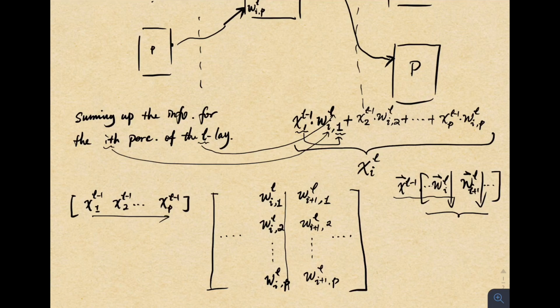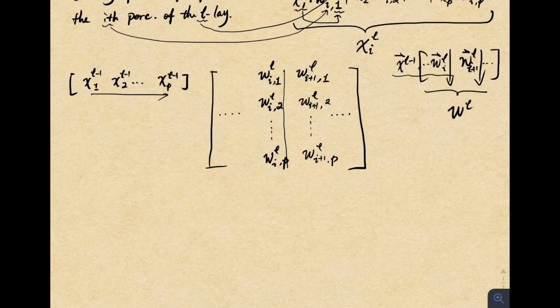Let's call it W, L. Now we can see the computation: X of L minus 1 multiplied by W L, and that gives the output of the lth layer.